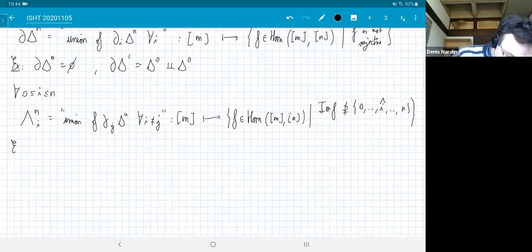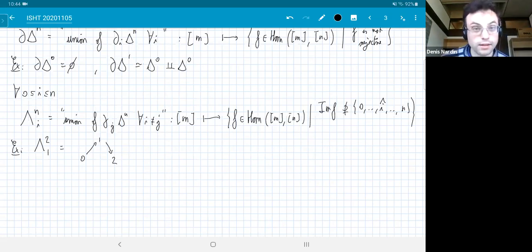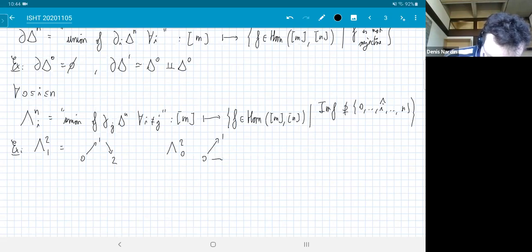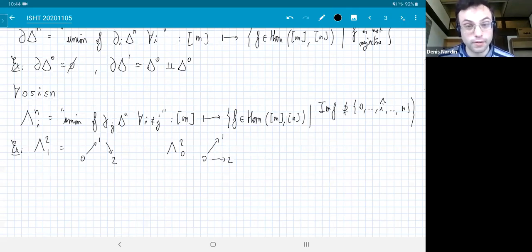And so, for example, lambda 2, 1 is something I'm going to draw like this. It contains only the face opposed to the second vertex and the face opposed to the 0th vertex, but not the face opposed to the one vertex. And lambda 2, 0 instead is this guy. It contains the face opposed to the first vertex and the face opposed to the second vertex, but not the face opposed to the 0th vertex.